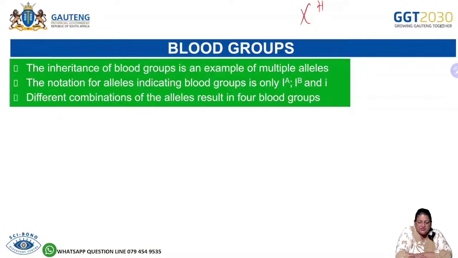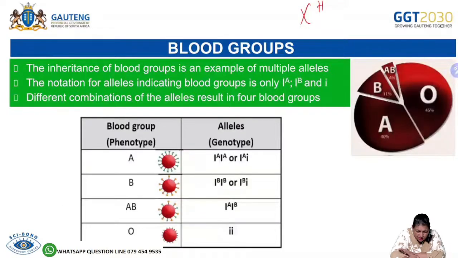Right, now we're going to see the different combinations of the alleles resulting in 4 blood groups. So you can have 4 blood groups in a population. And here's your blood group. So when you say blood group A, blood group B, blood group AB, blood group O, these blood groups are phenotypes. You're writing it blood group A. But to represent the phenotypes, we must use alleles.